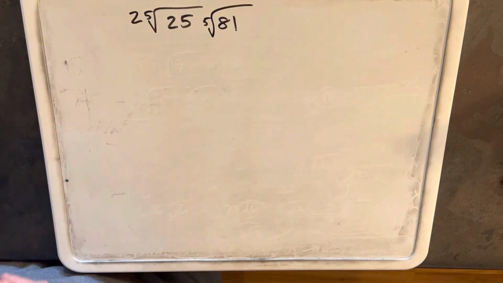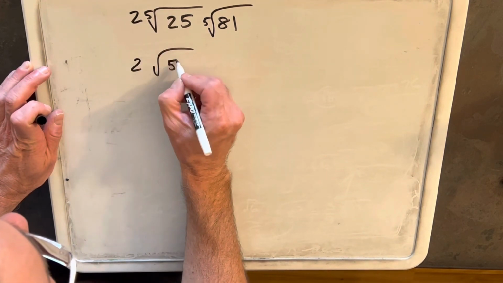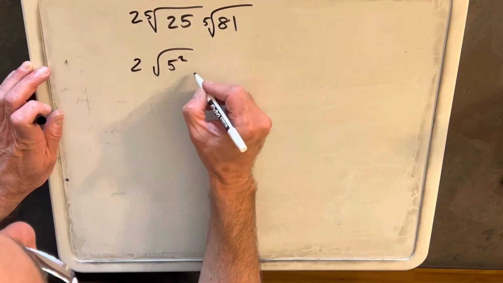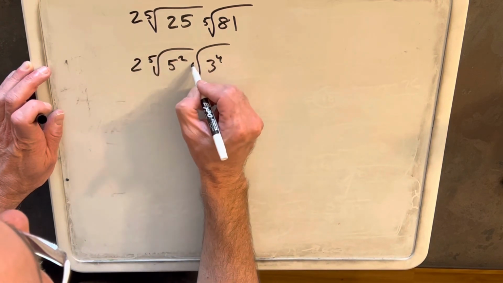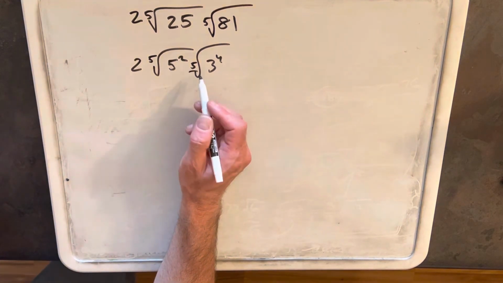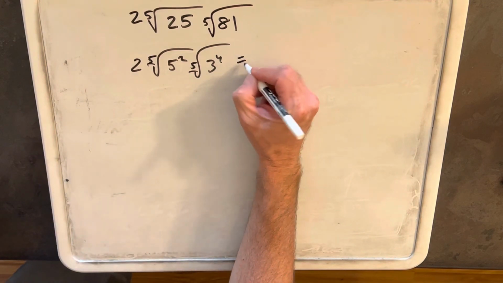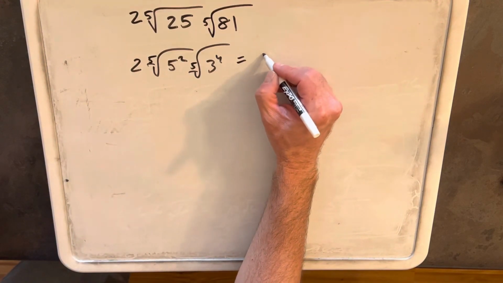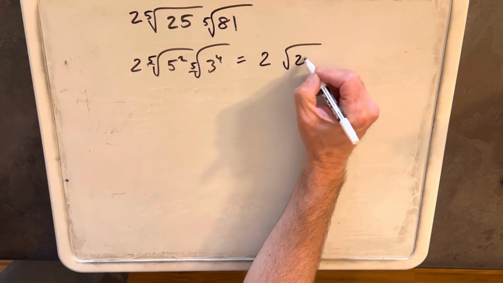Okay, for this one, we can write this as 5 squared. And we can write this as 3 to the 4th, but these are 5th roots. So you see we factored to primes and the exponents are less than the radical index. So I think we're out of luck here. I think that's 2025.